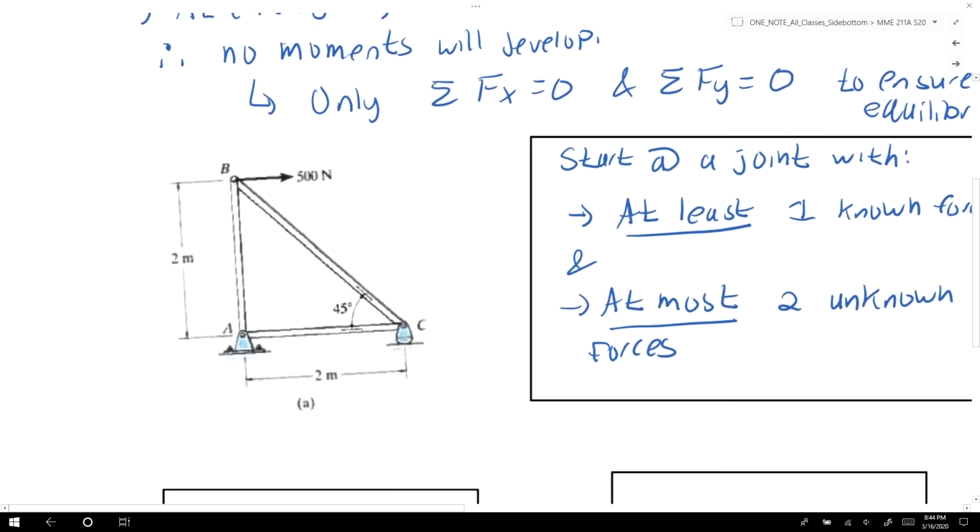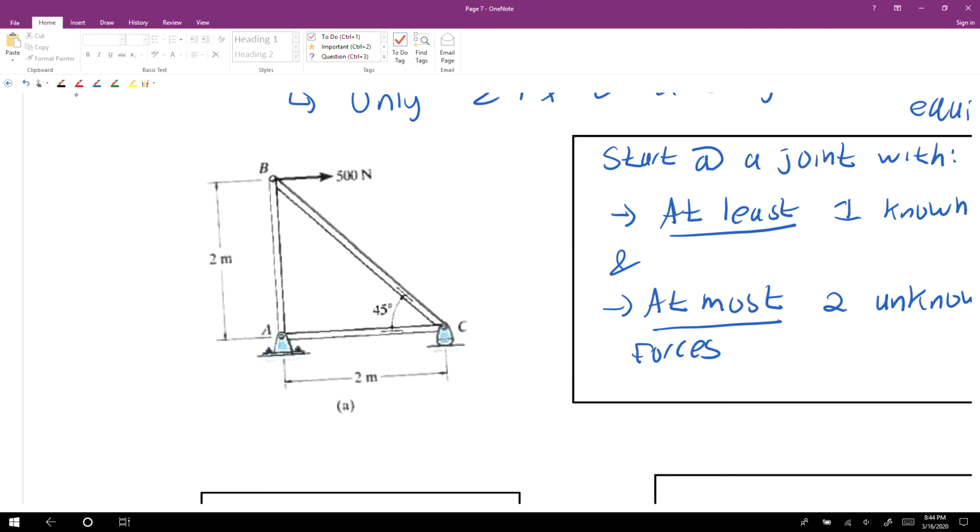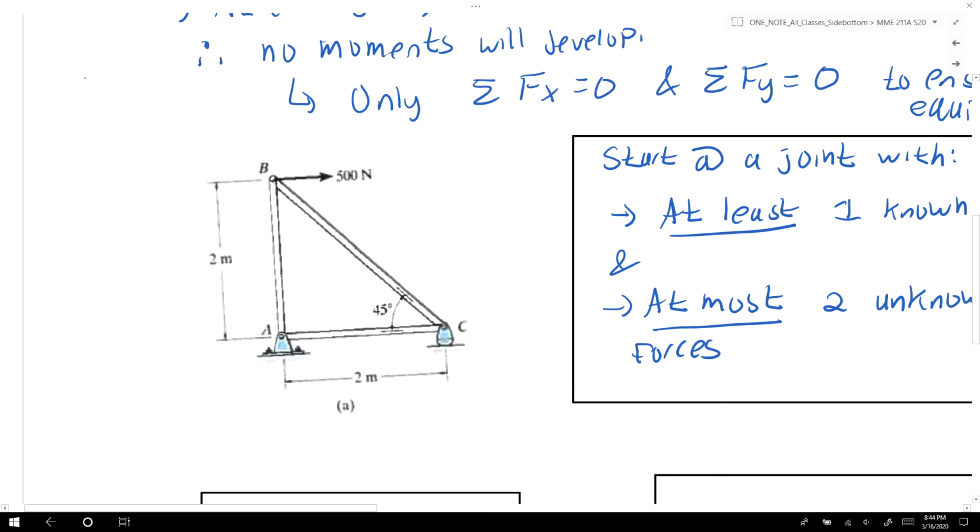So in our truss here, if we look at each joint, we have three joints: joint C, joint A, and joint B. At A, we have the force due to the member AB, the force due to the member AC, and then we have our two reaction forces: our reaction force AX due to the pin at point A, and our reaction force AY.